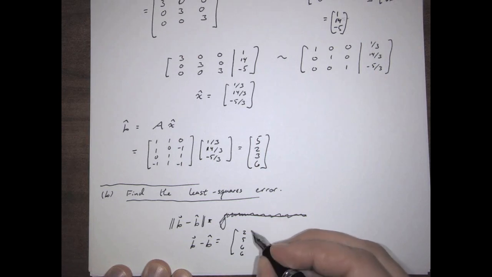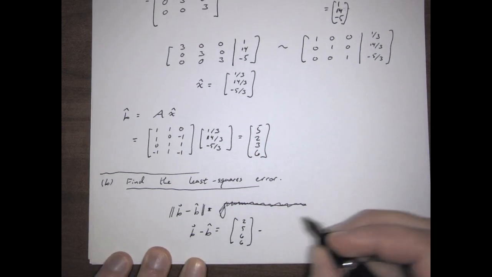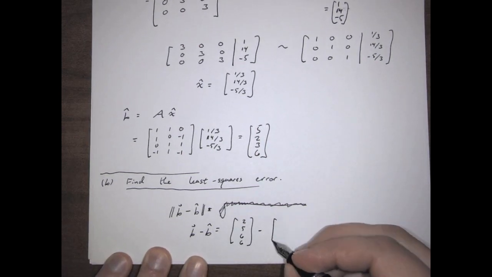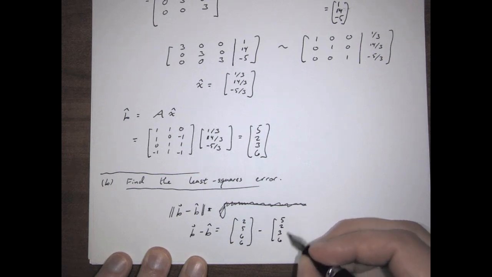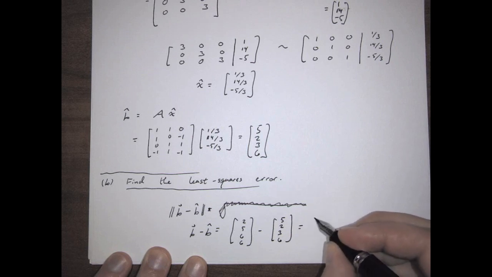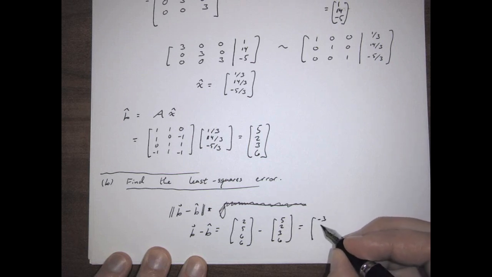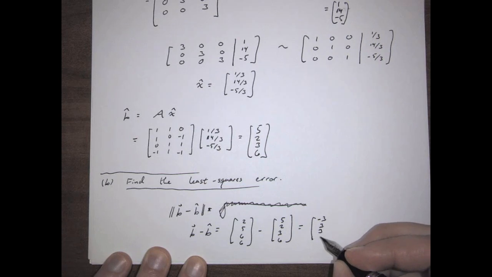[2, 5, 6, 6] minus what we just found, [5, 2, 3, 6], which is equal to [-3, 3, 3, 0].